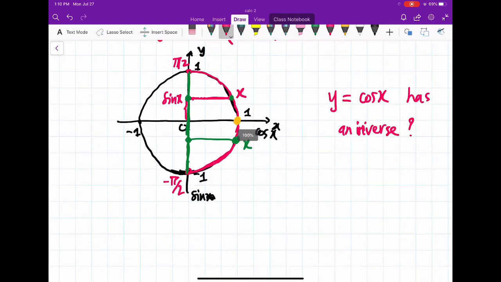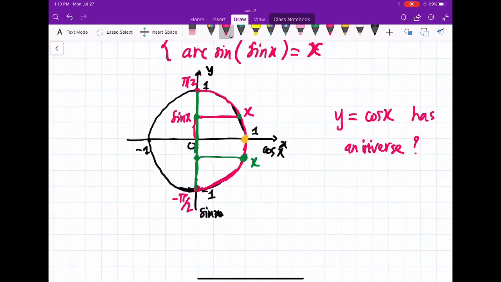All right, I will change this a little bit. I will erase this because I don't need sine. I need cosine, okay? Let's erase this. Let's draw another one.